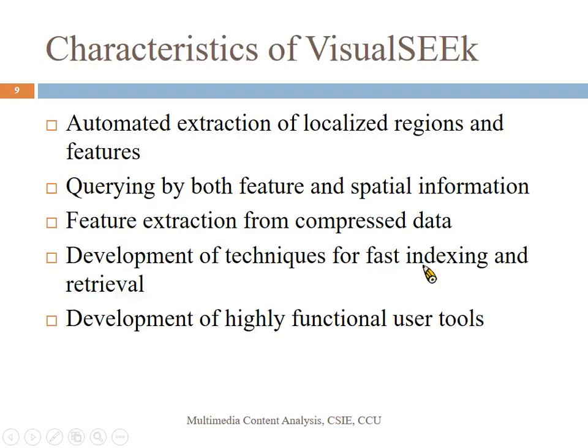And then they develop technology for fast indexing and retrieval. And they also develop a highly functional user tool. So you can see that this is quite a comprehensive content-based image retrieval system. So you can realize why this paper is so typical in early times.